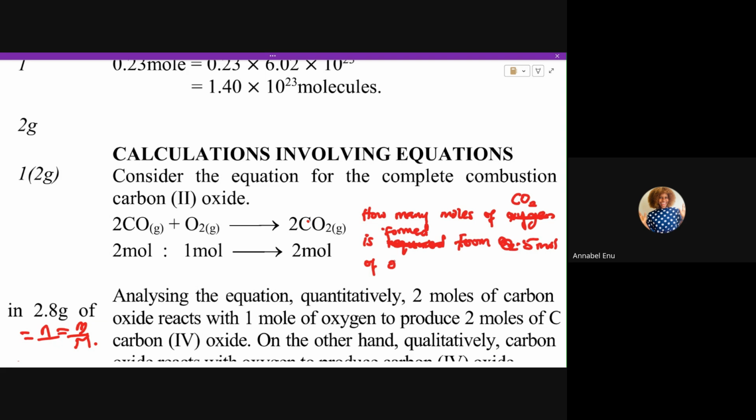Did you get the question? Okay, I'm going to repeat it. What if you're being asked how many moles of CO2 is formed from 0.5 mole of oxygen?